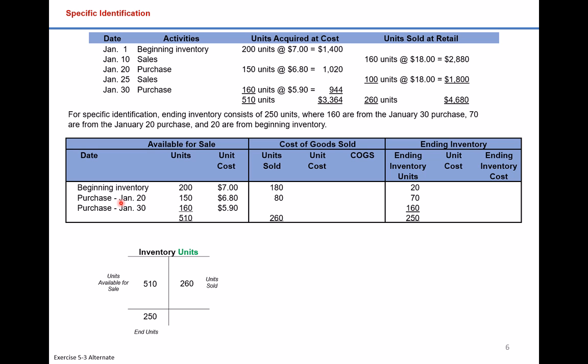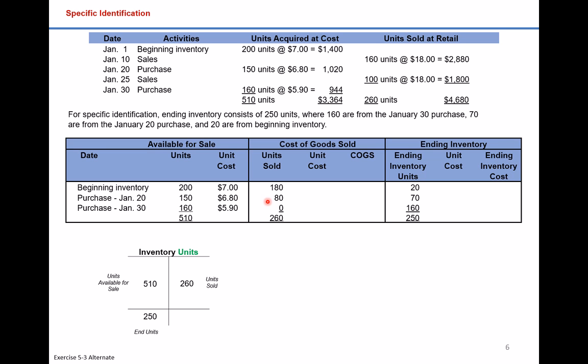From the units they purchased on January the 20th, they had 70 left. That came right from our data. Therefore, 150 minus 70 means that they must have sold 80 of them. Did they sell any of the 160? No, they had all of those indeed.